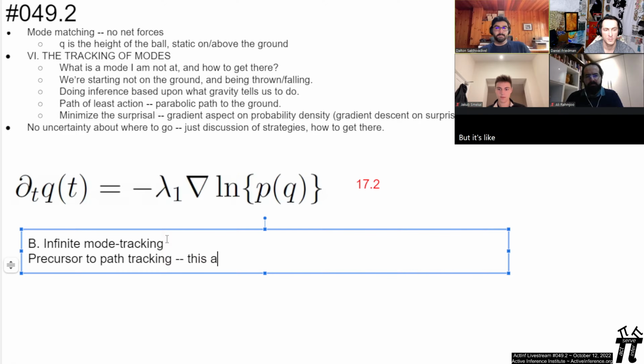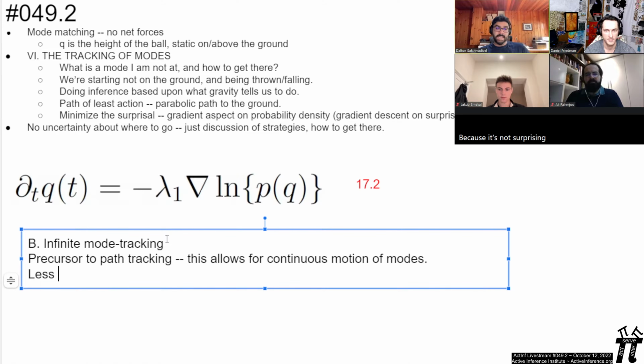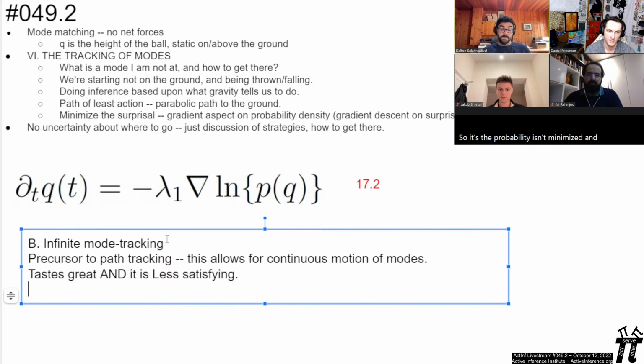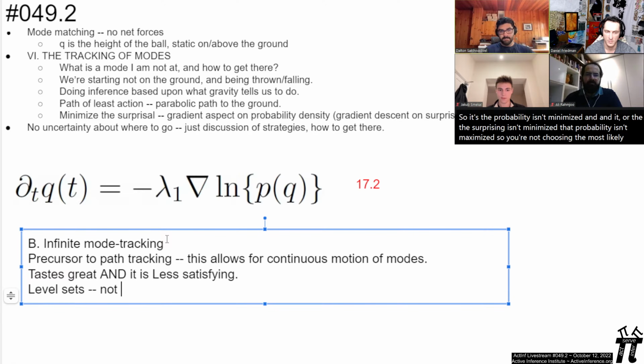But it's slightly more complicated and it is slightly less conceptually satisfying because it's not surprisal minimization, it's sort of surfing along level sets of the probability. So the probability isn't minimized and the surprisal isn't minimized. The probability isn't maximized. So you're not choosing the most likely path.